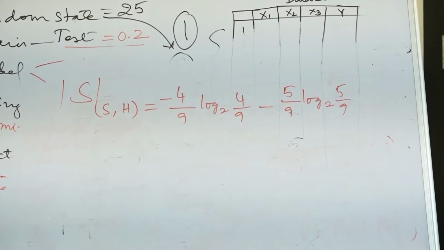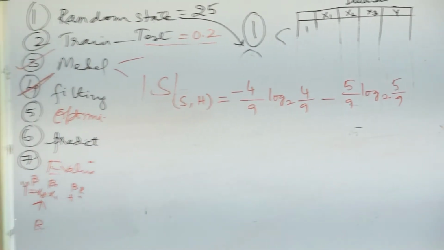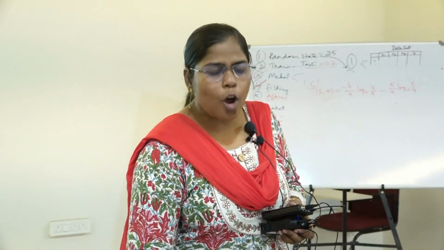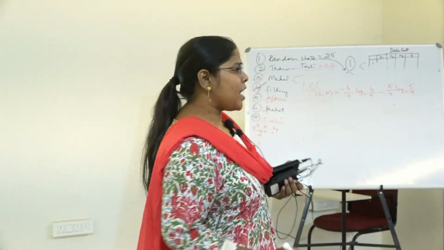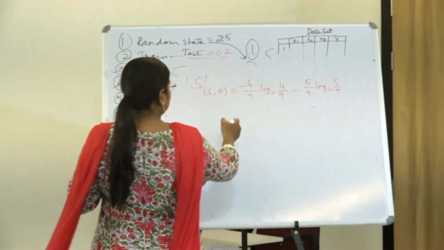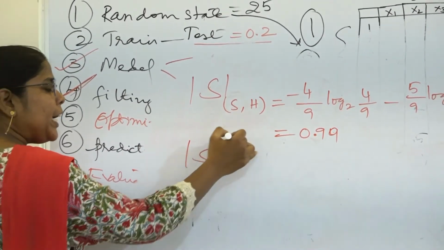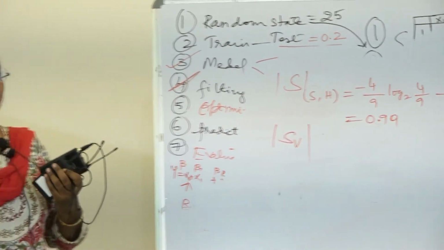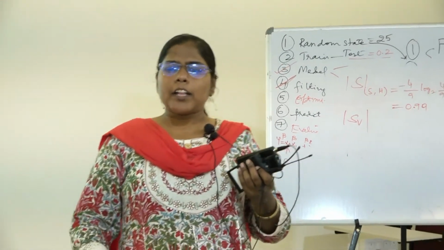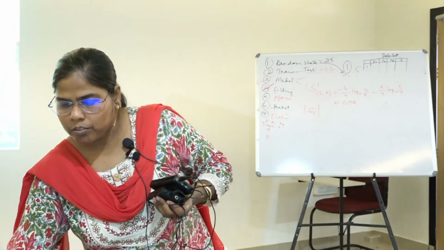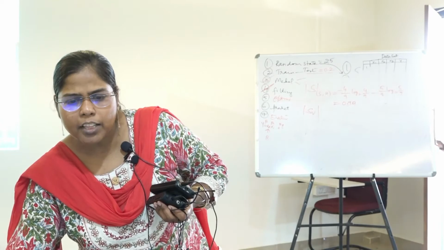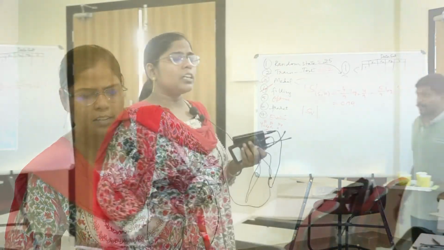What is the value of our total entropy? 0.99. Now for each attribute, what are the classes in our color?